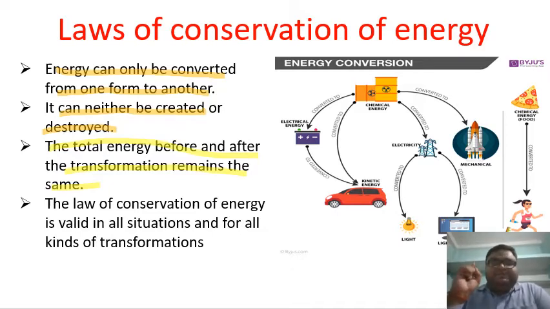So the law of conservation of energy states that energy can neither be created nor be destroyed. It can only transform from one form to another. The second postulate states that the total energy before and after the transformation remains the same always. And the third one is that it is universally applicable. It is applicable for all situations and all kinds of transformations.